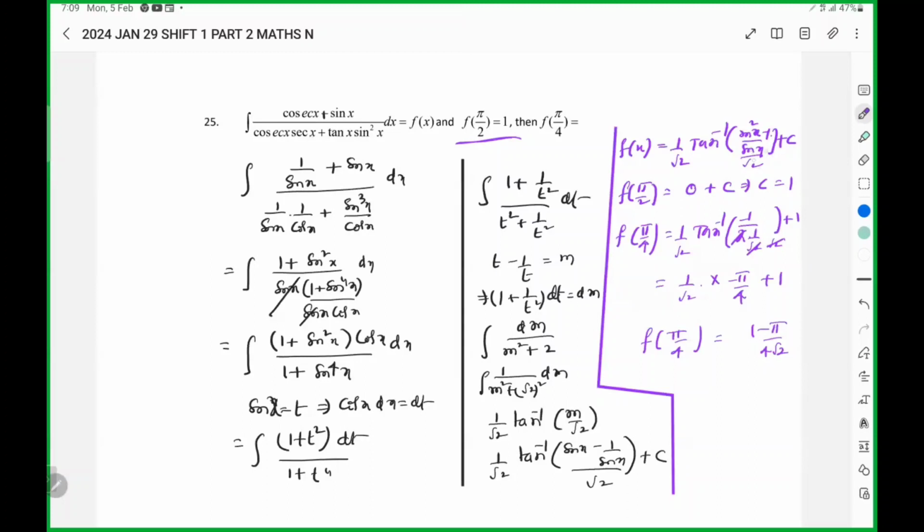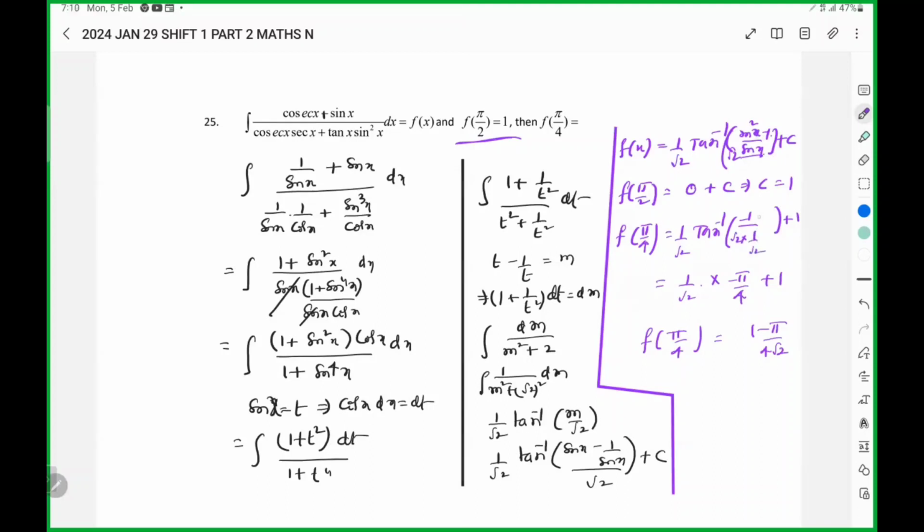Here it is sin x by root 2. Right, here it is root 2 sin x. So root 2 sin 45, 1 by root 2.